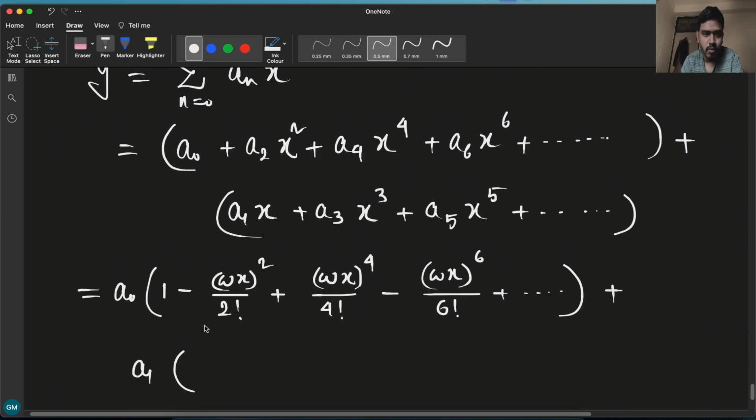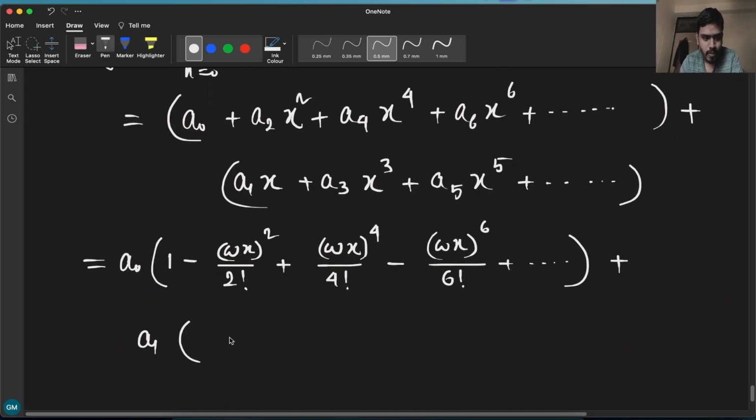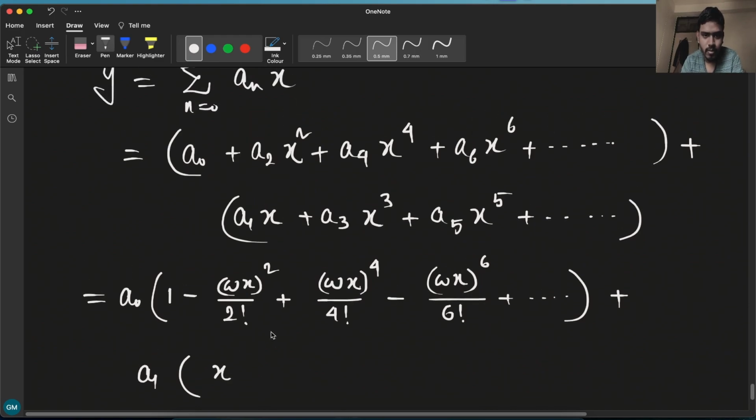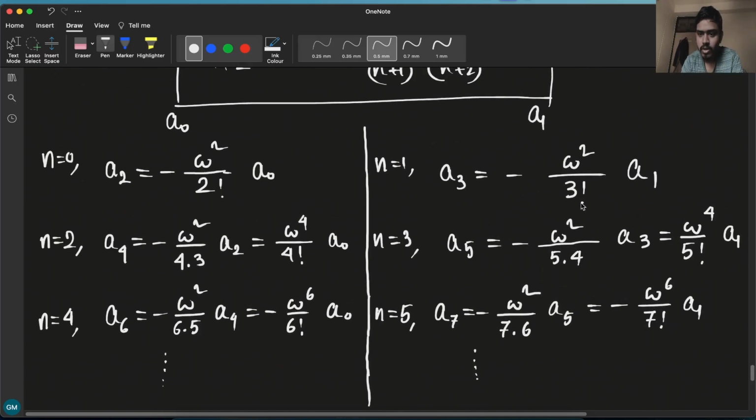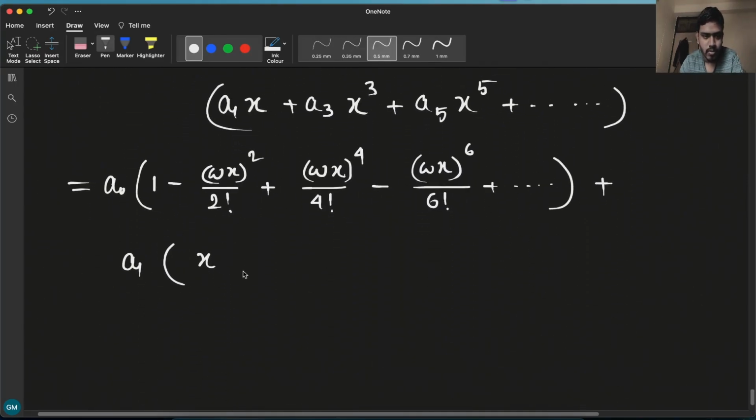Then the first term will be x. Then the second term will be, so a3 is minus omega square by 3 factorial times a1, so I put a1 outside, so it will be minus omega square divided by 3 factorial times x cube, x cube is already there, plus a5 times x to the power 5.